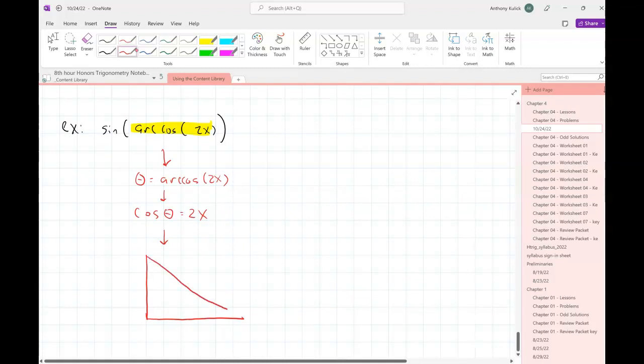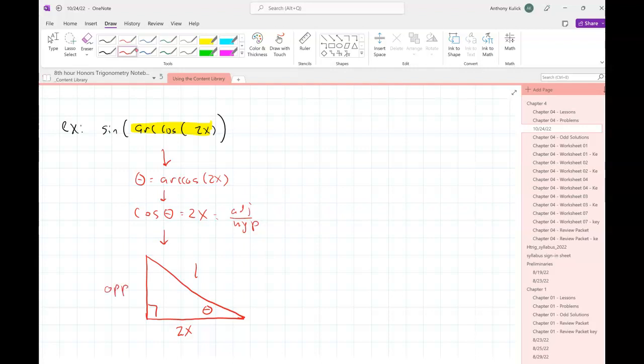I'm going to label one of the angles theta, doesn't matter which one. I remember that cosine is adjacent over hypotenuse. So I can label the adjacent and hypotenuse sides accordingly.